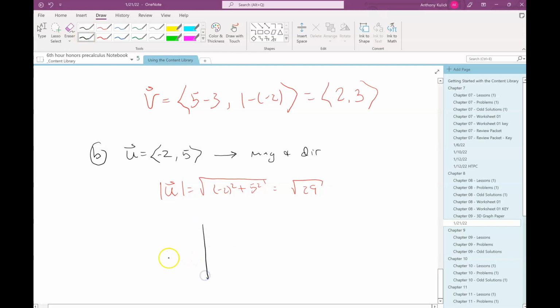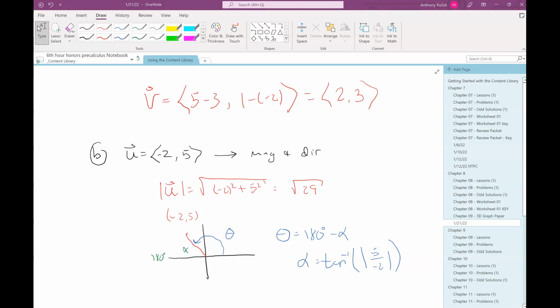And then to get the direction, I'm going to plot the point negative 2, 5. And then I want this angle. This is my alpha. The other arm of alpha is the 180-degree side. So we have theta is 180 minus alpha, where alpha is the tan inverse of the absolute value of b over a.